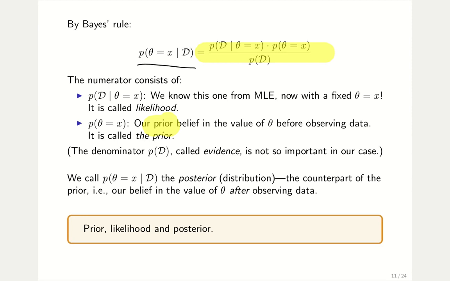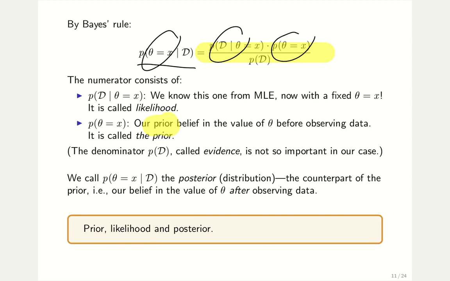Okay. The denominator is not so important. This is just a normalizing constant. It's called evidence and it's useful for other purposes, but for us it's not so important, so we're not going to take a closer look at it. What you need to take home from this slide are the three terms: the prior, the likelihood, and the posterior, and how they are connected.